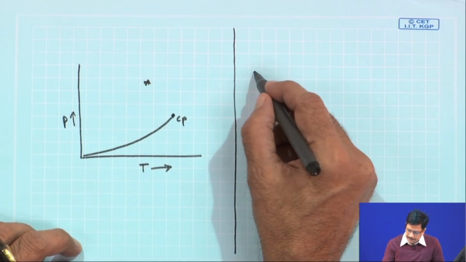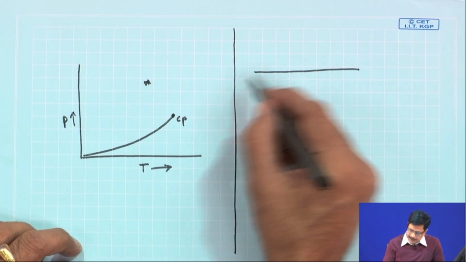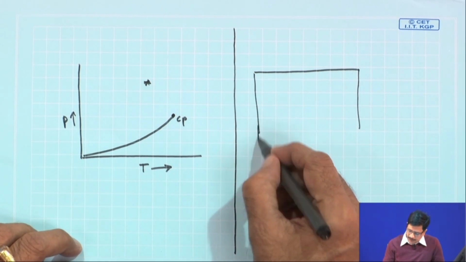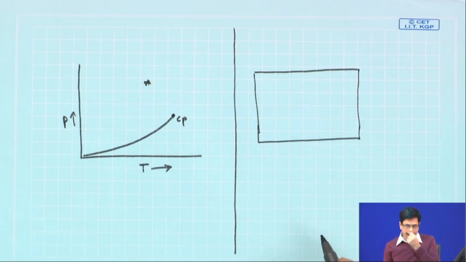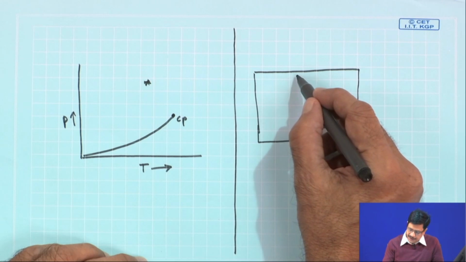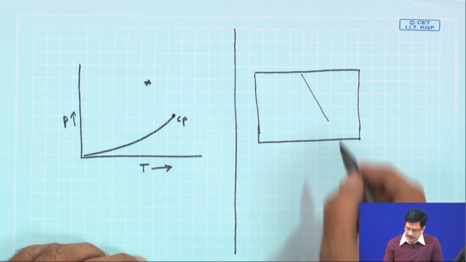Then the situation that we described here is something like this: this was the original rock in which the pore fluid was present, and there was a fracture which is created in the rock.